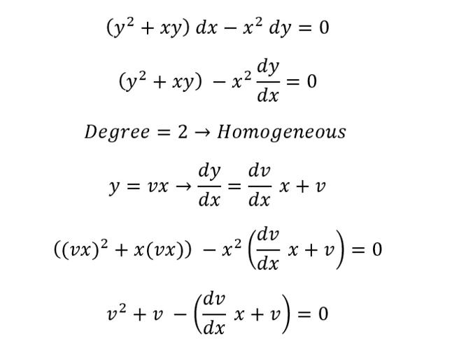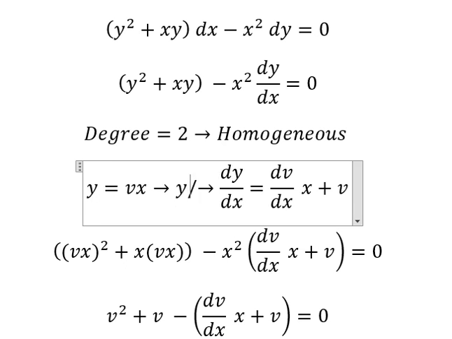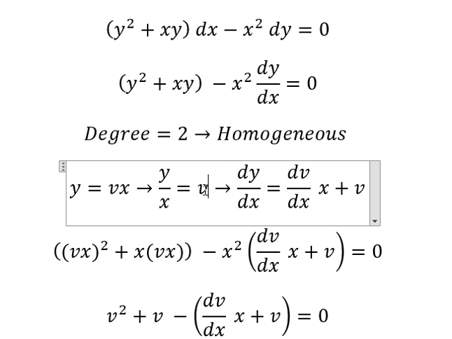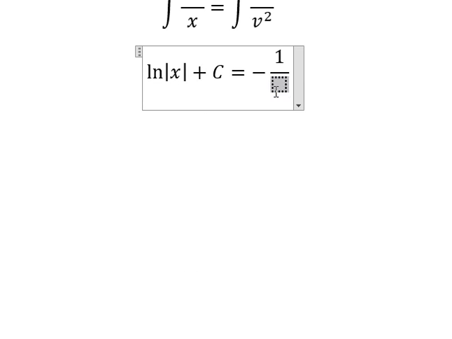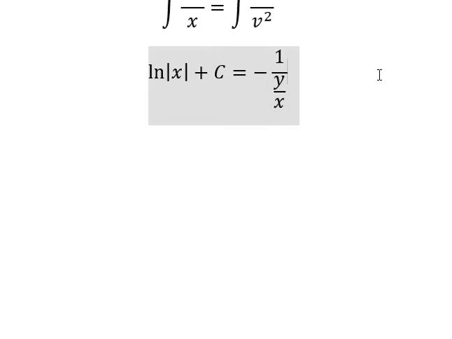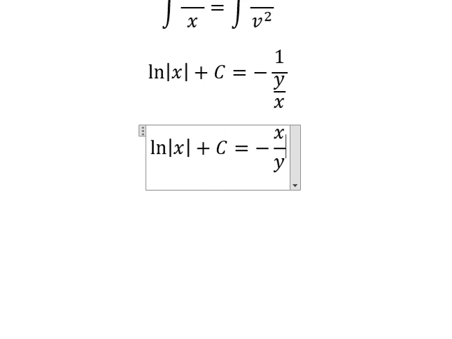About v, that is about this one, so we need to divide both sides by x. And now I will need to change this one into this one. And we have the final answer.